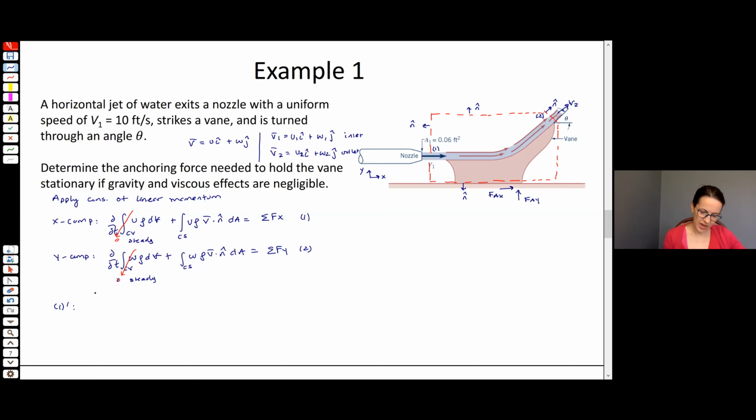So if we simplify this now, if we look at the outlet, section 2, in the x direction, we've got u2 rho A2 V2. Now V1 is just the magnitude of velocity vector 1, and V2 is the magnitude of velocity vector 2, right?